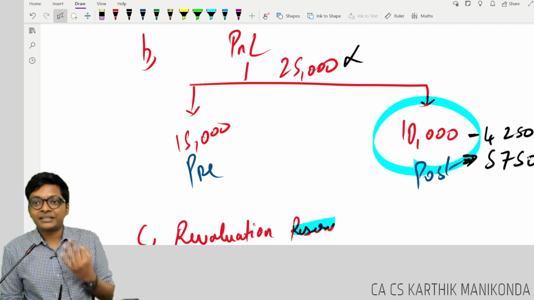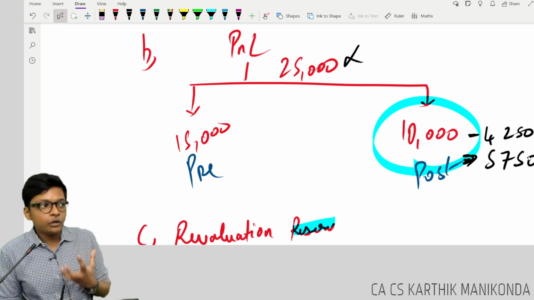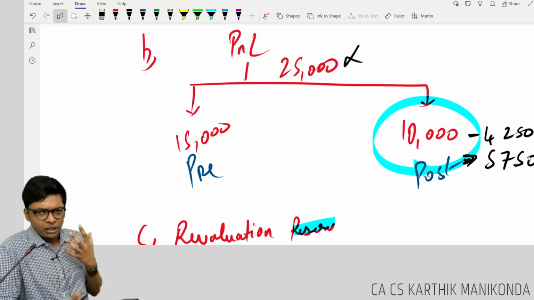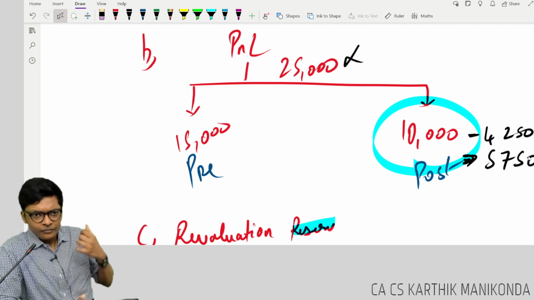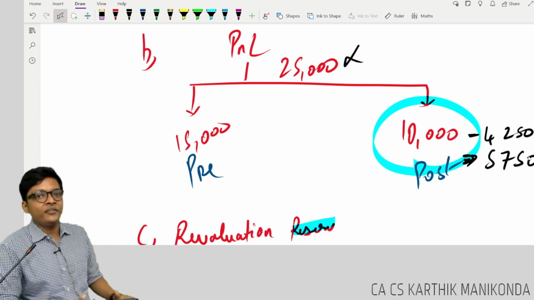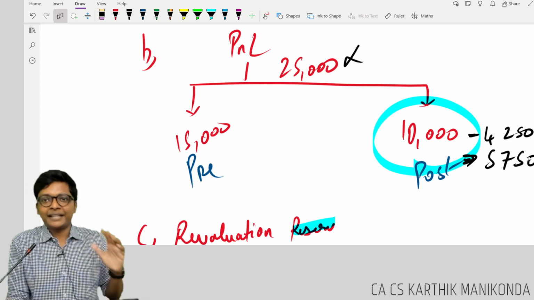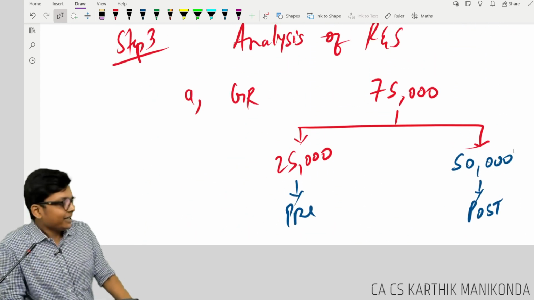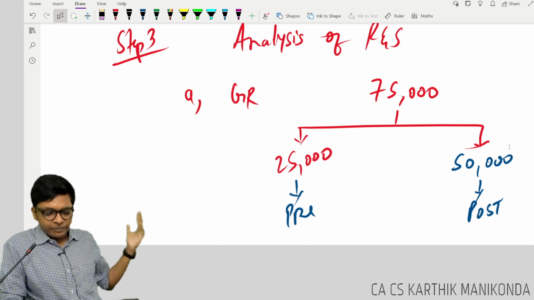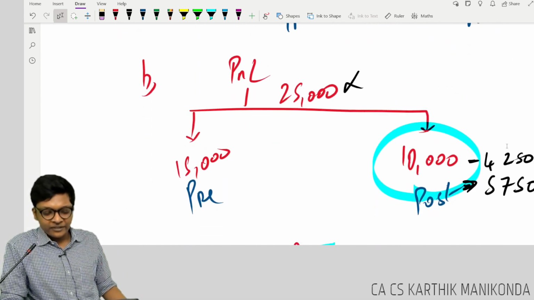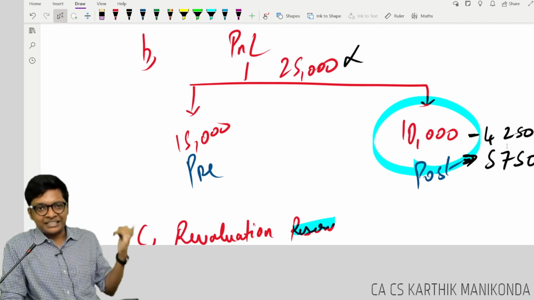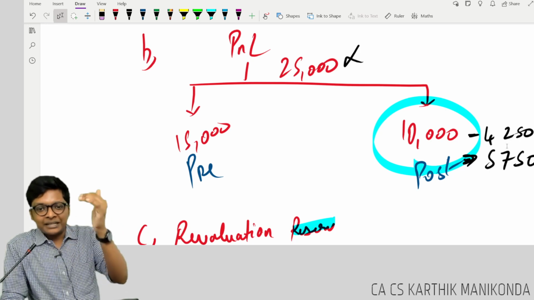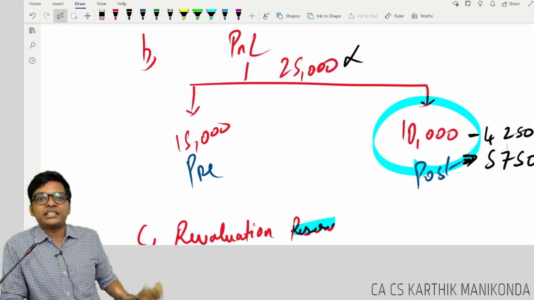This is step number 3. I told you step number 3 is the heart of consolidation. Whatever adjustments come, they will affect my profit and loss account. Then I will take it over here. Clear guys? Now to summarize, general reserve no change. Pre is 25, post is 50. P&L also what you did is correct, only one adjustment: reduction for depreciation.